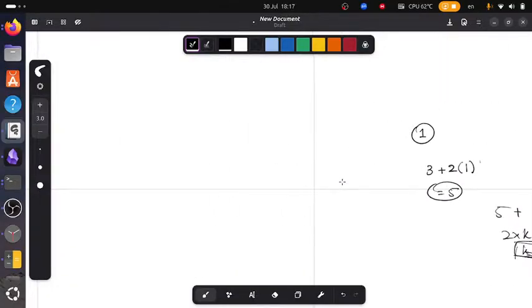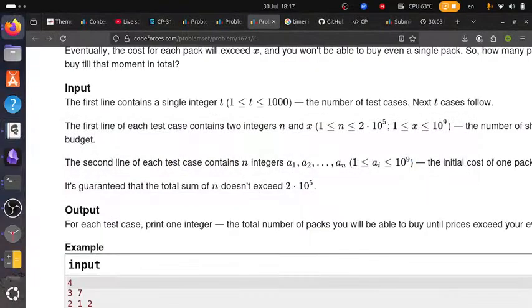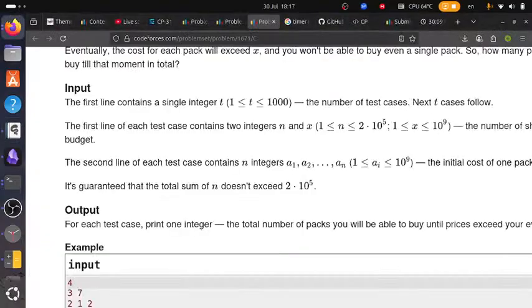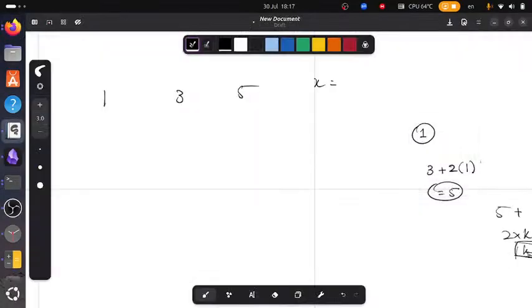Let's start this over again. 1, 3, 5. 1, 3, 5. X is equal to 7.